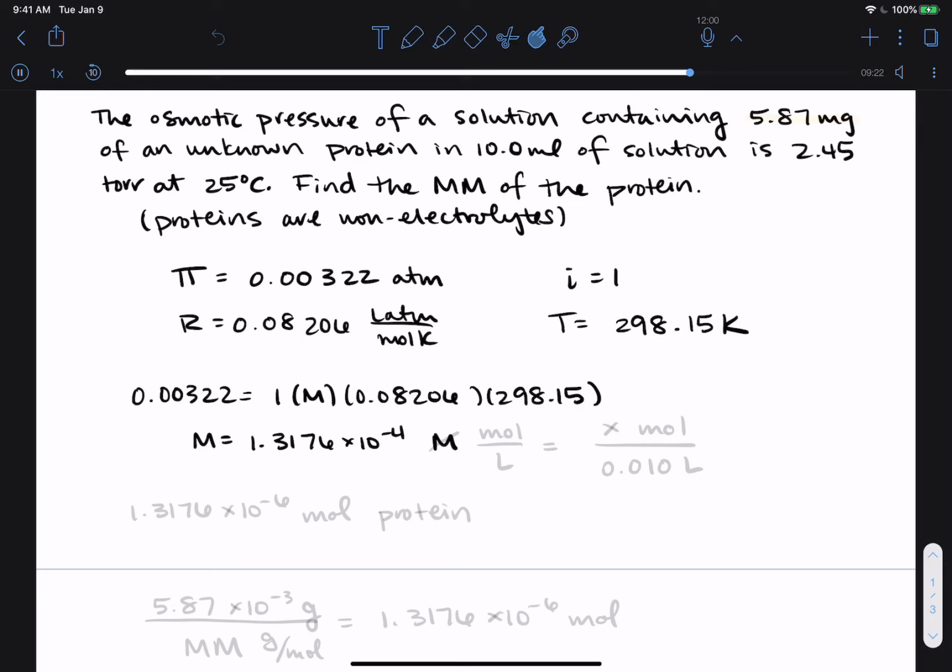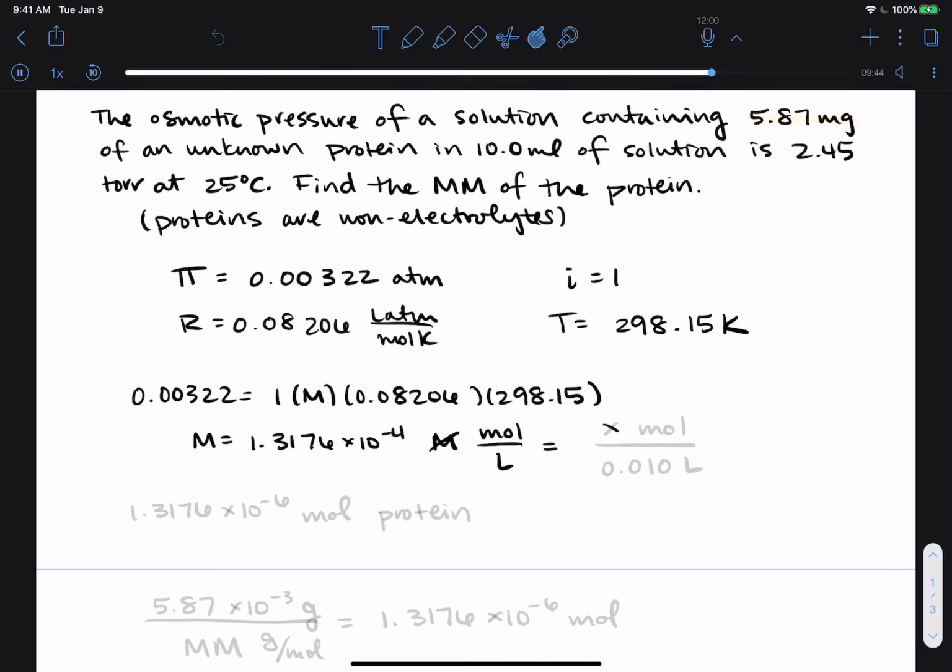So molar is really moles per liter. Well, we know the volume of the solution, so we could find out how many moles of protein were in the sample if instead of writing this as molarity, we write it as moles per liter.